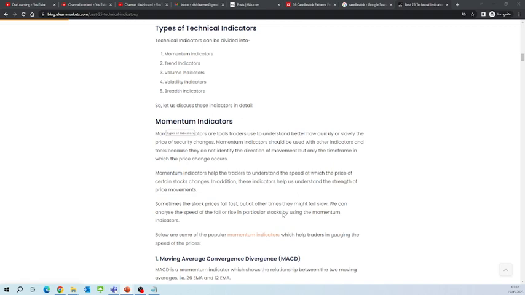So it only gives you the time frame when the price changes will be happening, but they cannot identify the direction. They will tell you about the speed at which a certain stock changes. It will also help us understand the strength of the price movement.